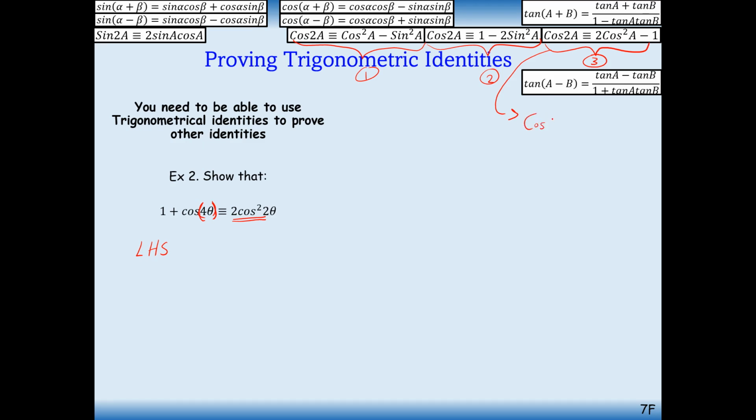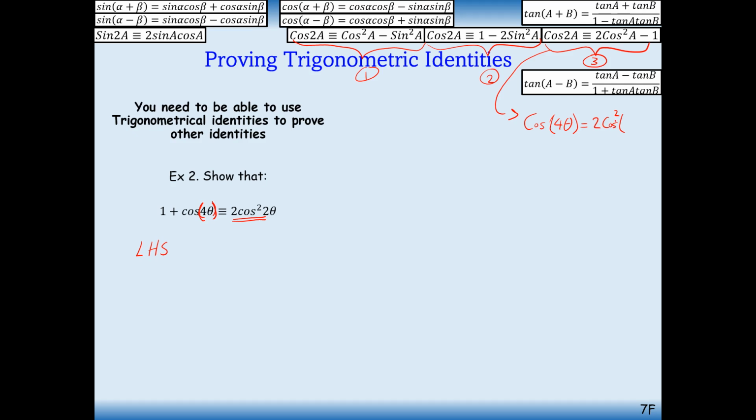So if I double the angle, 2A will become 4A, but I'm going to write 4 theta, and that means I don't have to change the coefficient. I am changing the coefficient of the input rather than the coefficient of cos.